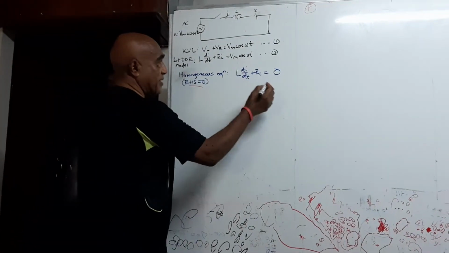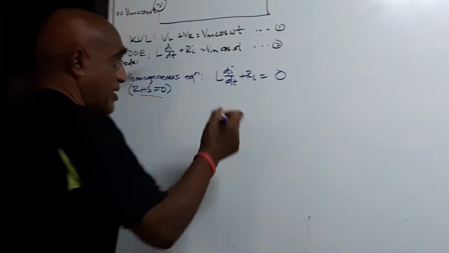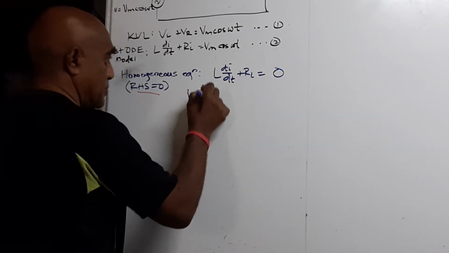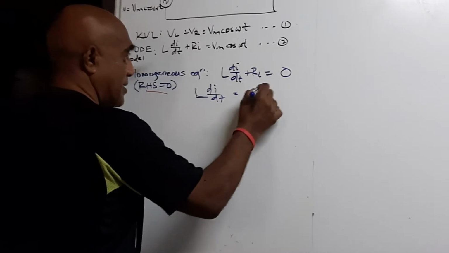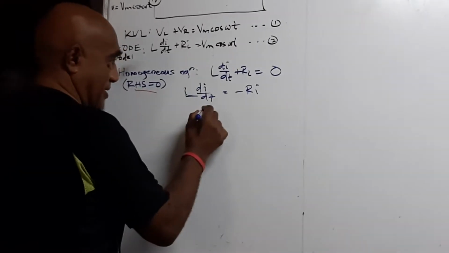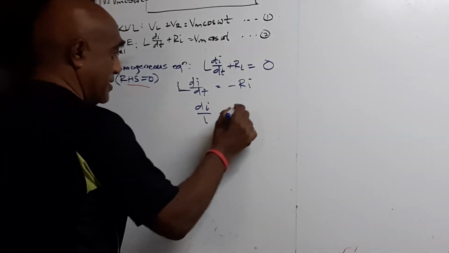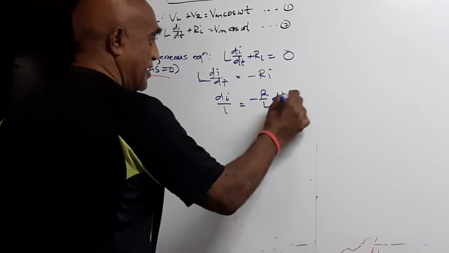Alright, so just quickly, how do we go about this? It's just L di/dt is equal to minus Ri. So di over i is equal to minus R over L dt.